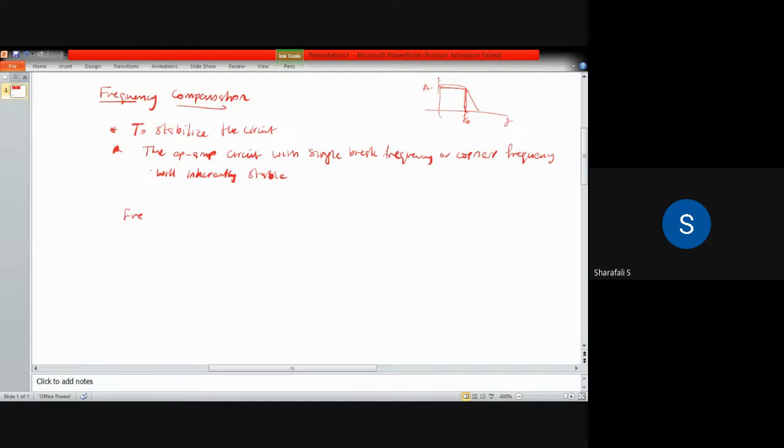This frequency compensation we broadly classify into many groups.